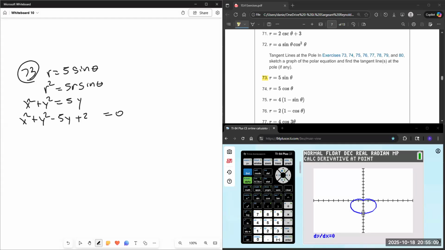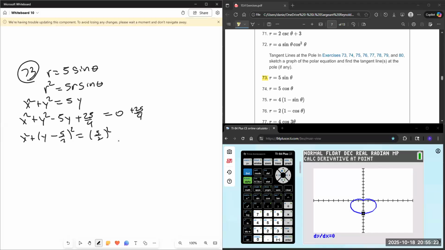Half of the middle number squared, 25/4, gives x squared plus (y minus 5/2) squared equals (5/2) squared, a circle centered at (0, 5/2). So 2.5, 3, 4, 5, and then it'll sit right there, and then 1, 2.5 here, and 1, 2.5 right there.